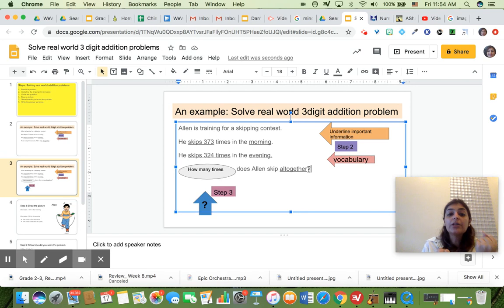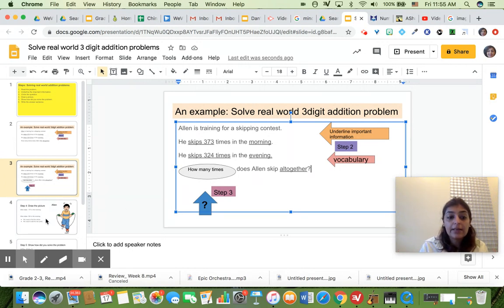And we know that Alan skipped in the morning 373 times and in the evening 324 times. So these are the two parts that are given to us. And we need to bring those two parts together to find the whole or to find the total.